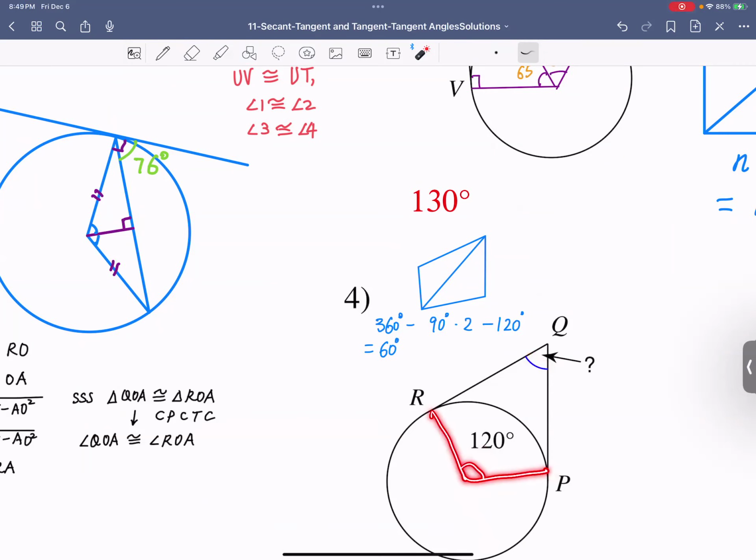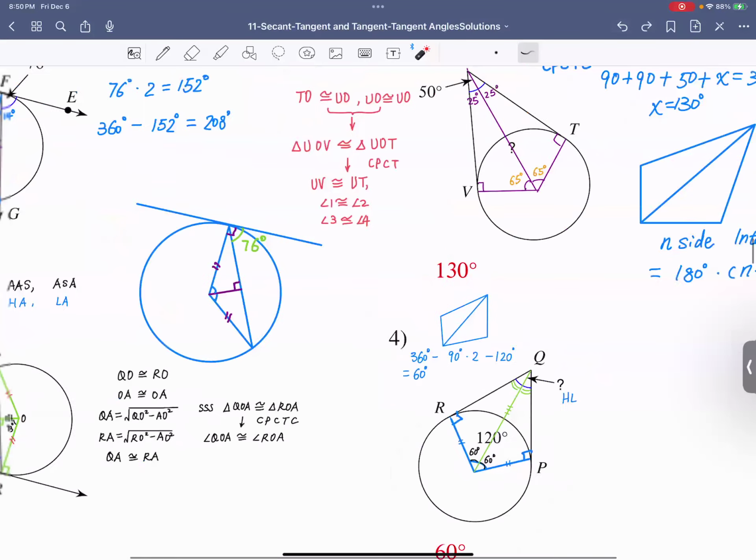This is 120, so if I draw a line here, each will be 60, right? 60. This is 90, so how much is this? 30, yes? Got it? That's why here is 60, okay? Make sense? That's how we do this.